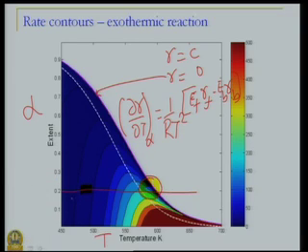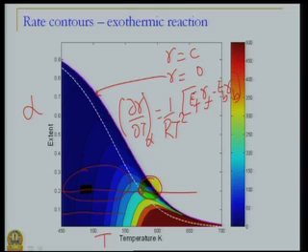So, what happened here? In this range, as we increase the temperature, the reaction rates increased, but started decreasing once again. That means there must be a point where the reaction rate is maximum. Let me illustrate it at yet another level.